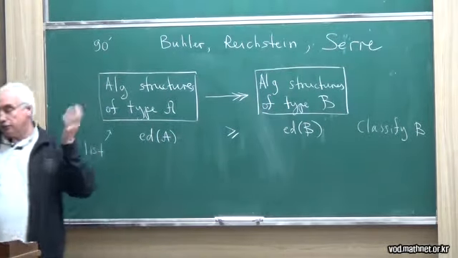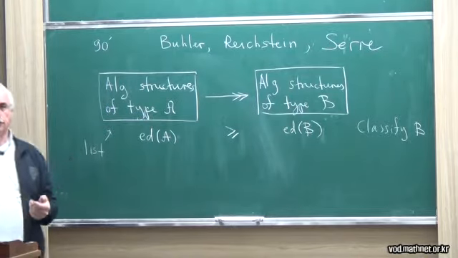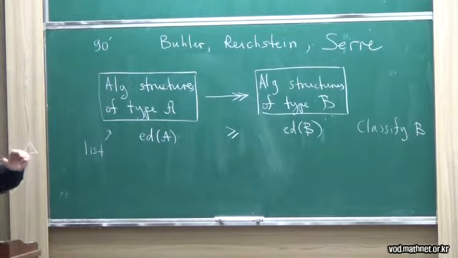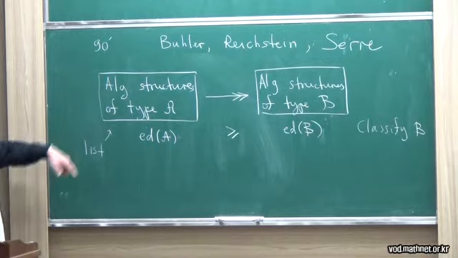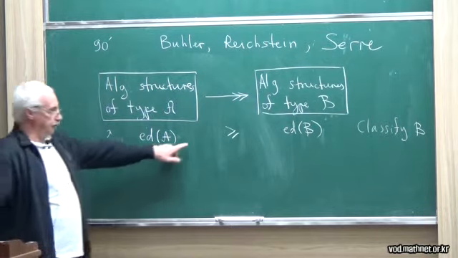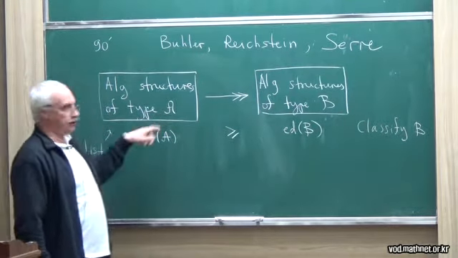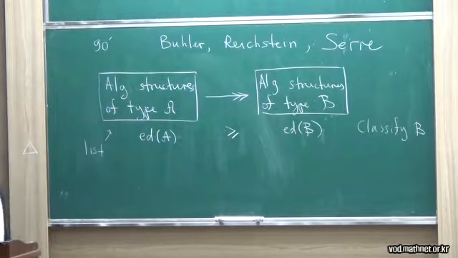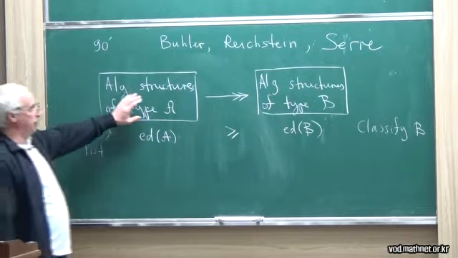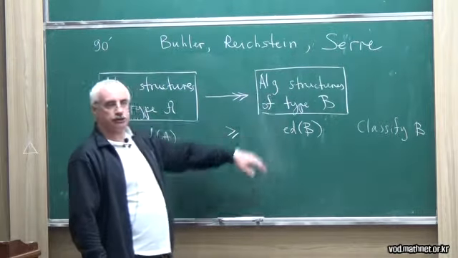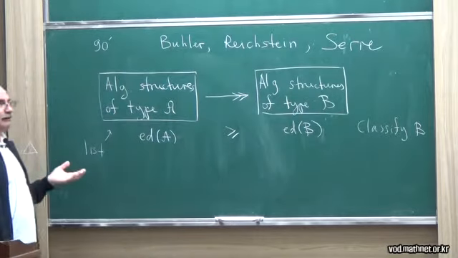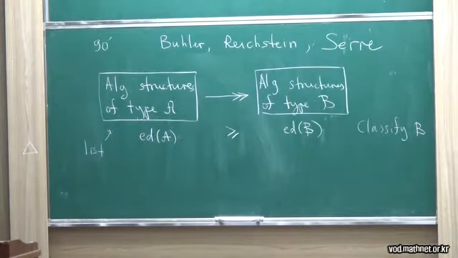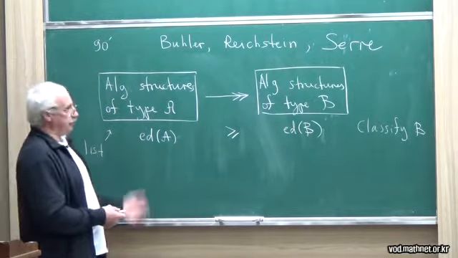If it holds, then maybe there is hope that the conjecture is true, that B is classified by A. But if this inequality fails, then for sure this classification is wrong. So there is no surjective map from type A structure to type B structure. So this is one of the applications of the essential dimension: to destroy some conjectural classification theorems.